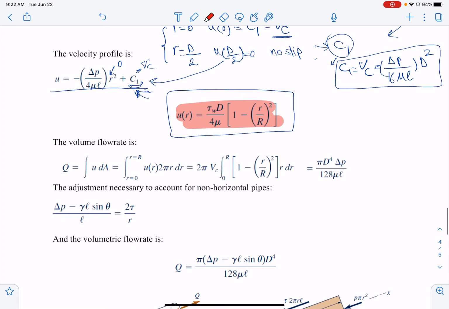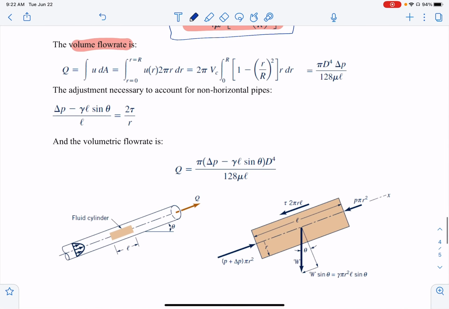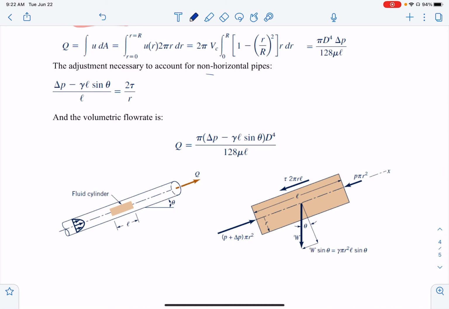Okay, now also this is the volume flow rate that we have. And then let me see what else we have here. So okay, for now, all we did is for the horizontal pipes, right? We did everything for horizontal pipe, but what if we have a non-horizontal pipe?